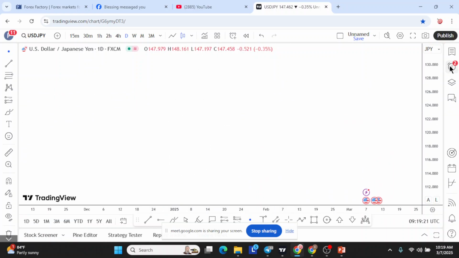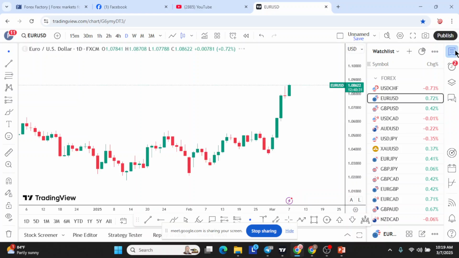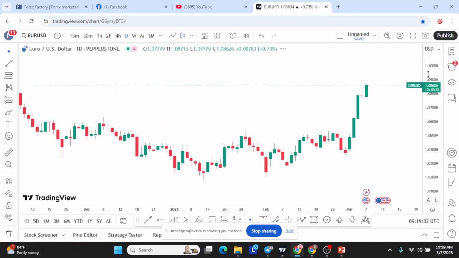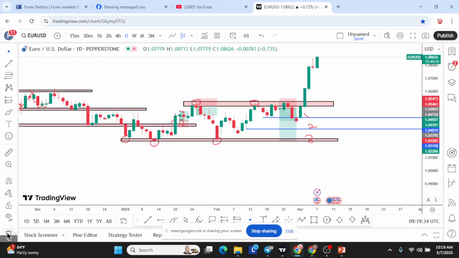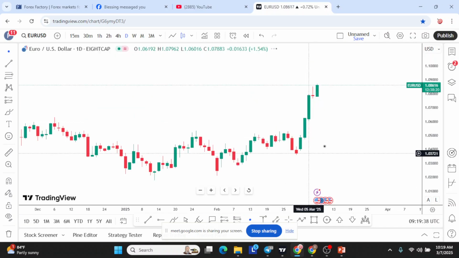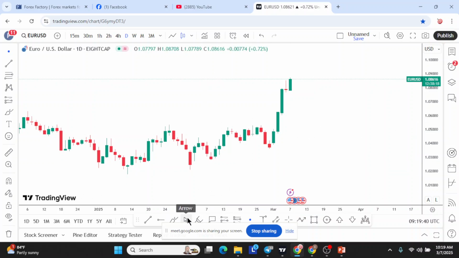All right, so now let's use a live figure, a current number that we have here. If you look at this right hand side where I have my cursor, this is the current exchange rate of Euro USD.